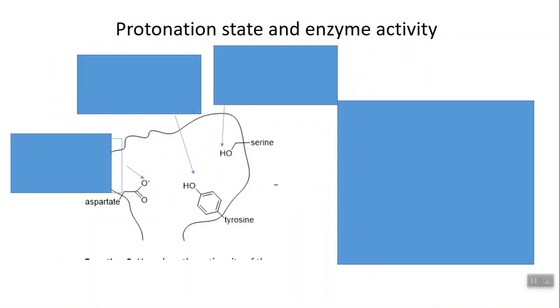So, protonation state and enzyme activity. We'll look a little bit more at this example in class, but what we're looking at here, just to start you off, are these lines here. This line is meant to be the active site of an enzyme called acetylcholinesterase.